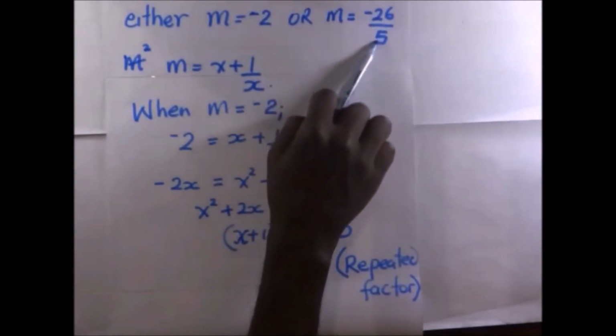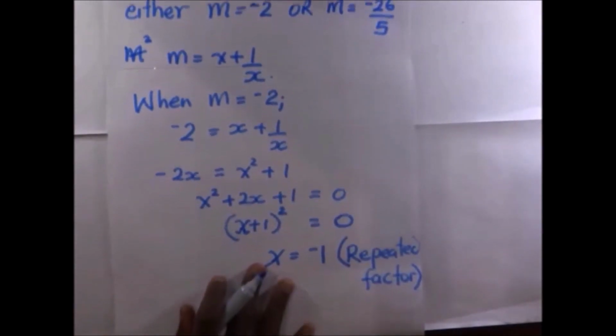So when m is 26 over 5, let's get the value of x that is corresponding.